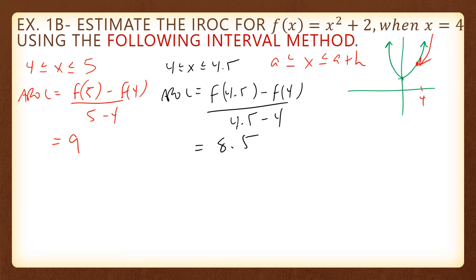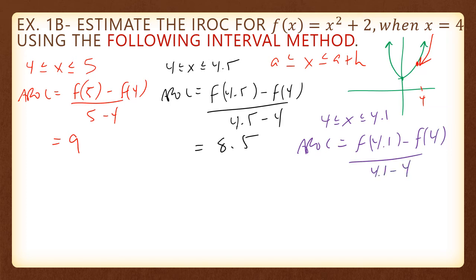We should be getting 8, and we are definitely getting something that seems to be getting closer to 8. Let's get a little bit closer, 4 and 4.1. IROC equals f of 4.1 minus f of 4 all over 4.1 minus 4. And we should get 8.1.